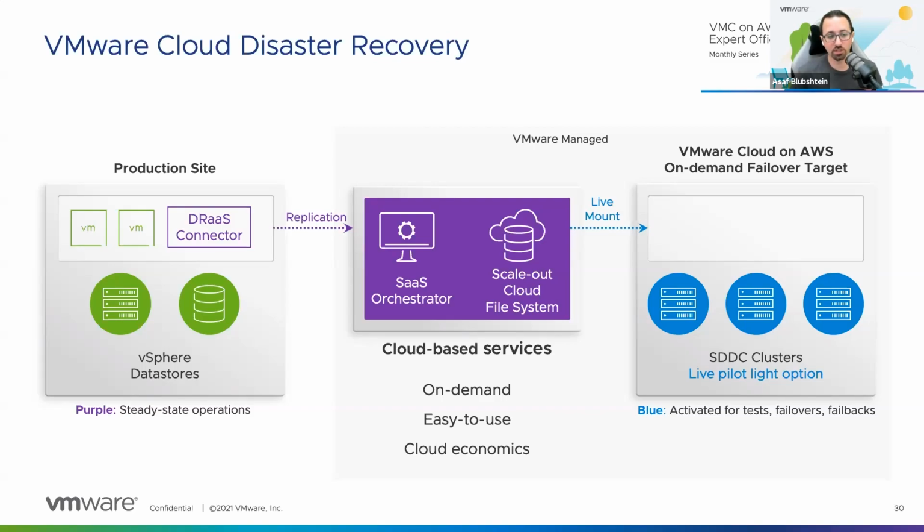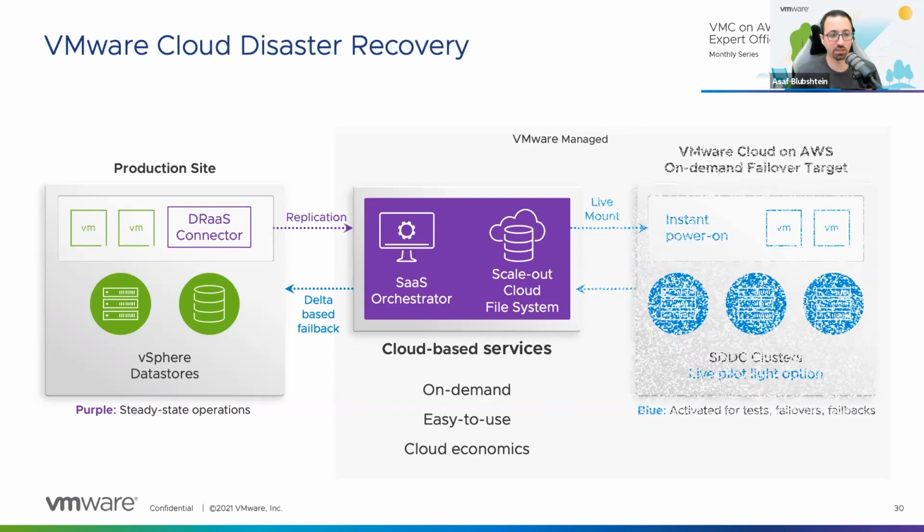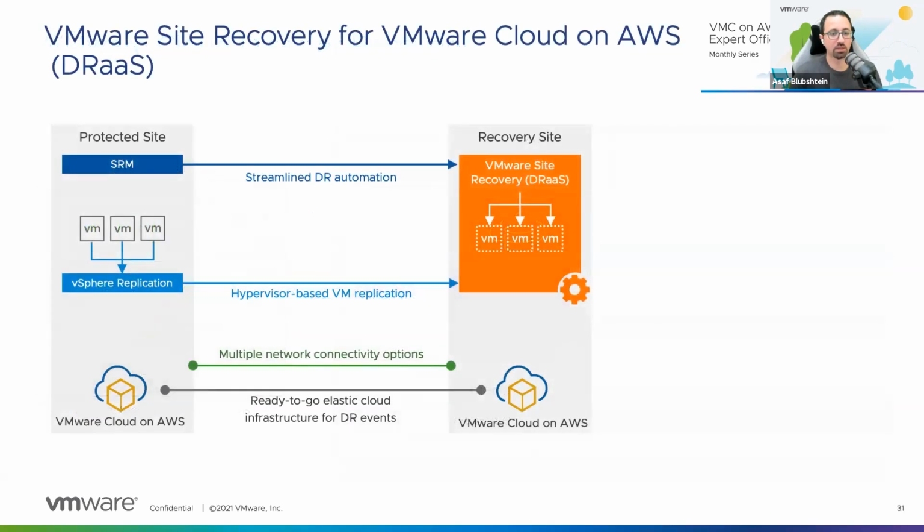And our second offering, if we can go to the next slide, is leveraging VMware Cloud Disaster Recovery, or DR as a service, which will leverage SRM that does provide some faster RTO, because the data is already replicated to vSAN and spun up.